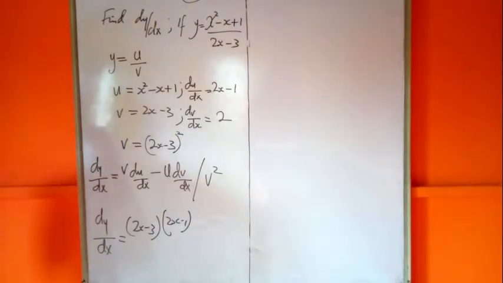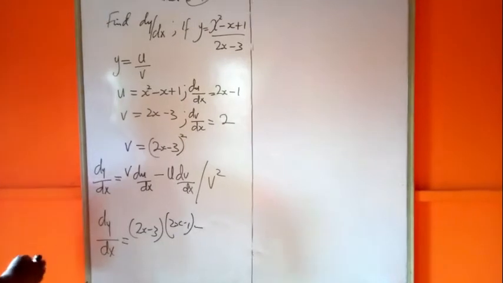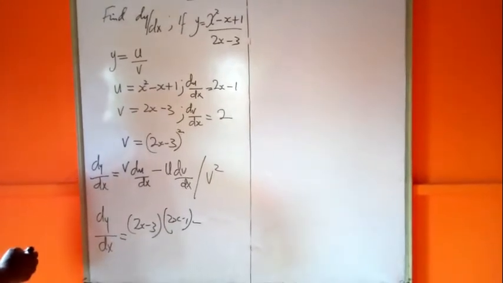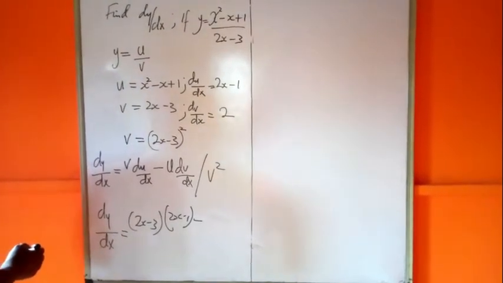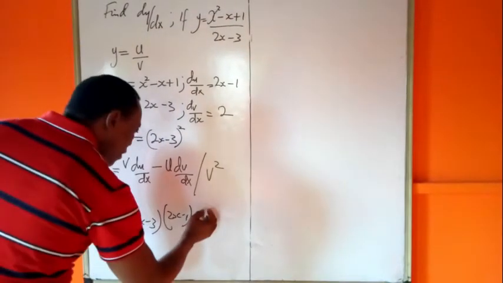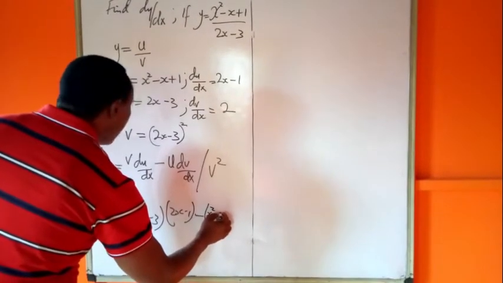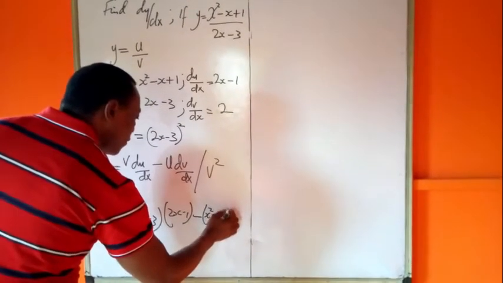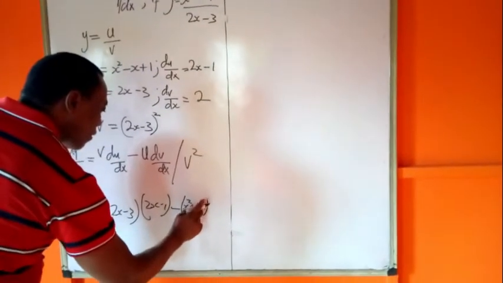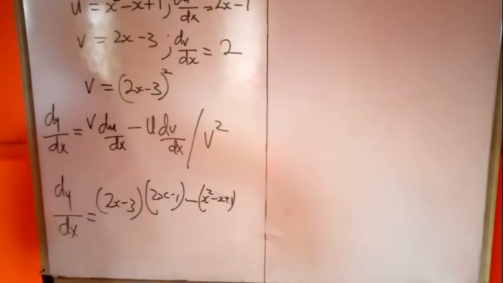So put our minus sign. So what is our u? Our u is simply x squared minus x plus 1.